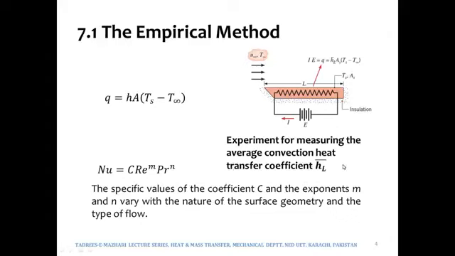Remember, in the last chapter we were discussing two types. One was the local convective heat transfer coefficient, and the other one was the average convection heat transfer coefficient. In those cases we would be referring to the expressions of Nusselt number to calculate the Nusselt number, and then equating that Nusselt number to hL over k or hD over k in order to find out the value of h.